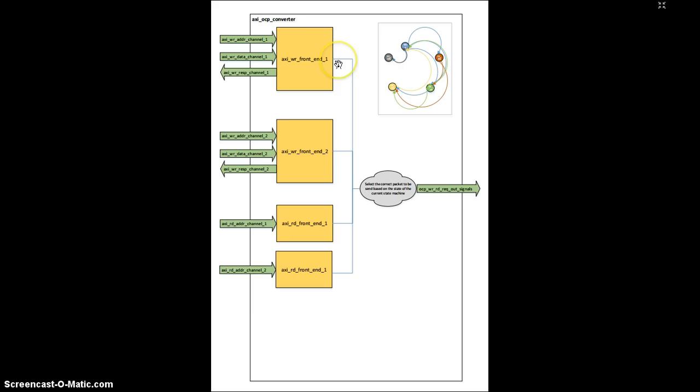If there were only one AXI client and only write requests were coming in, then whenever a valid packet is available in this module's output, you could directly send it to the OCP.